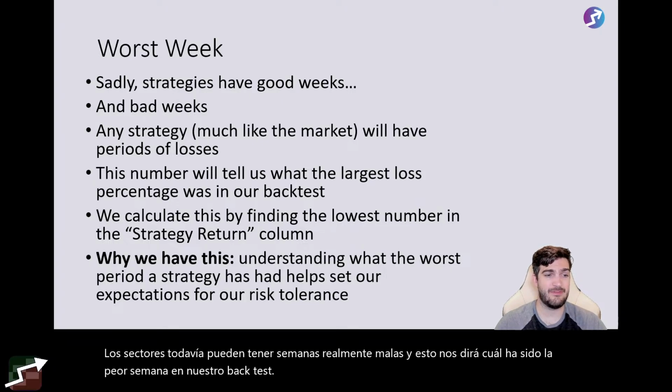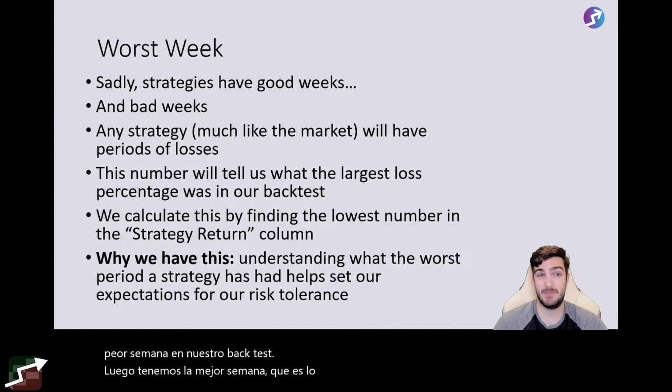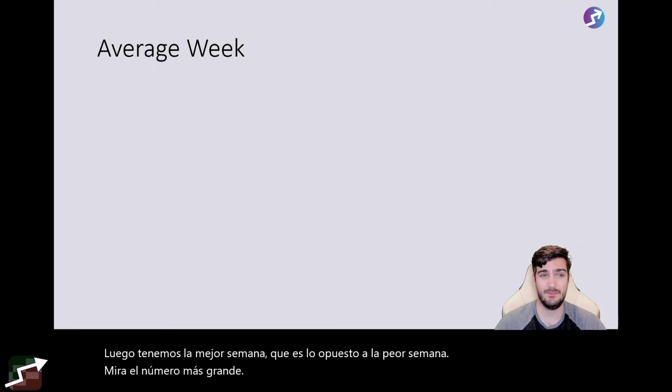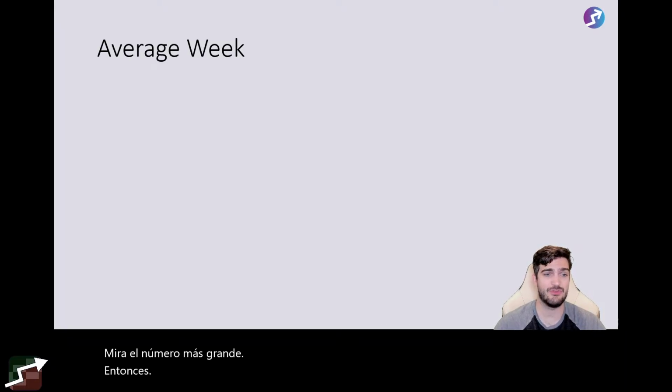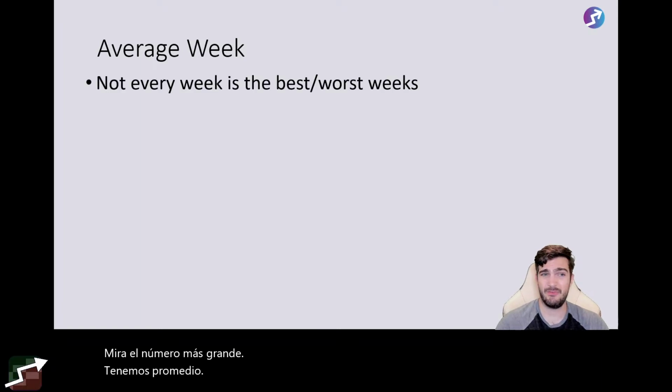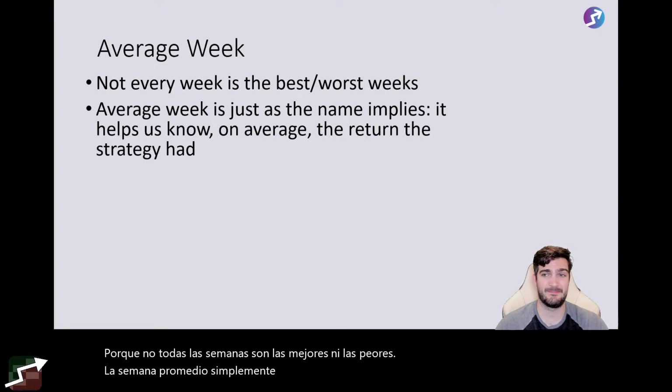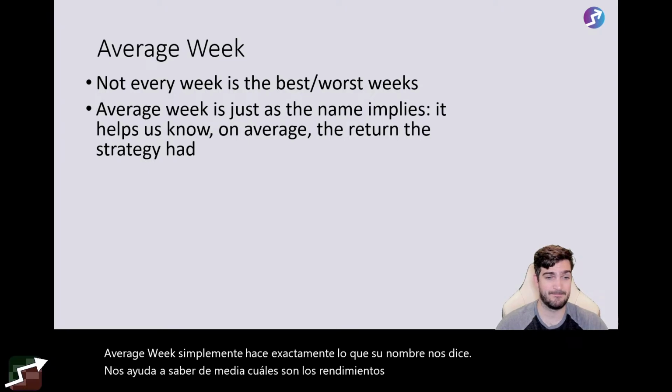Then we have best week, which is the opposite of worst week. It looks at the biggest number. Then we have average week. Because not every week is the best or the worst. Average week does exactly what the name tells us. It helps us to know, on average, what the returns of the strategy have been.